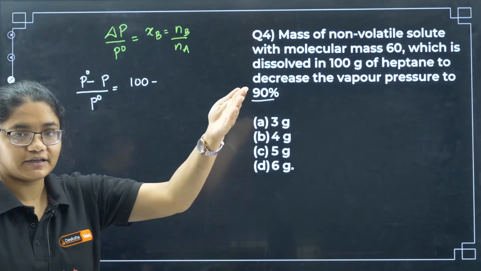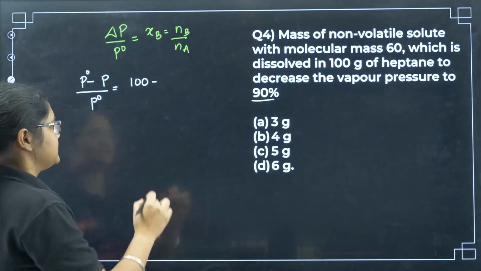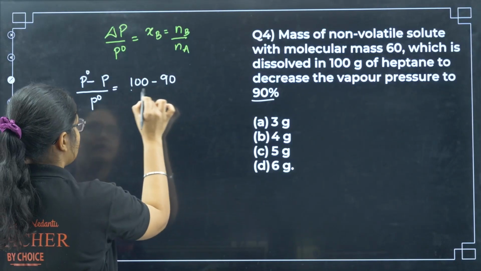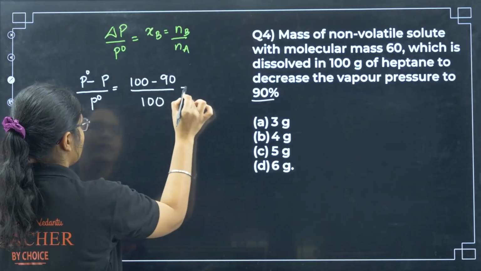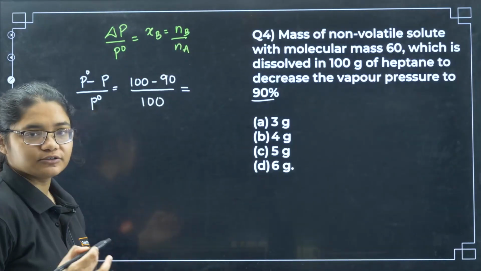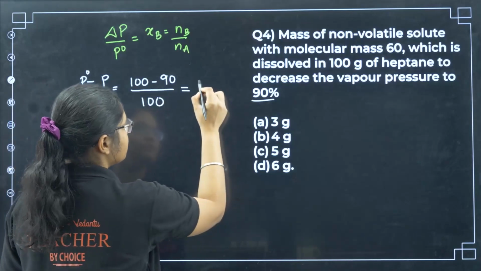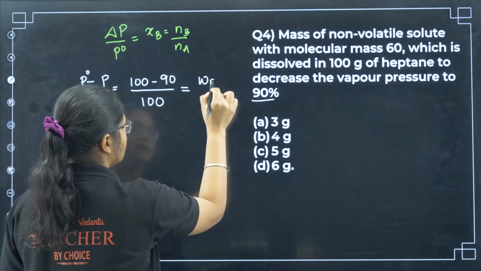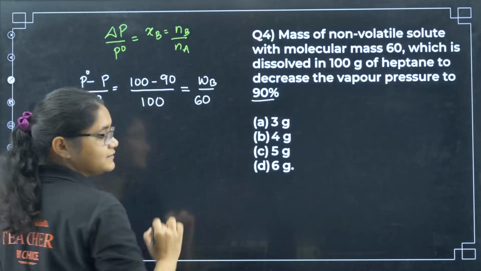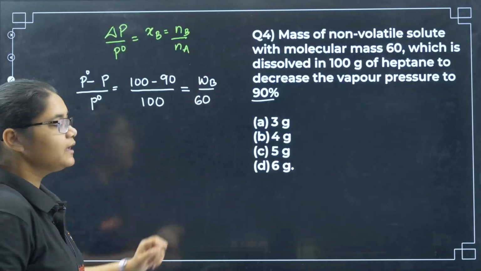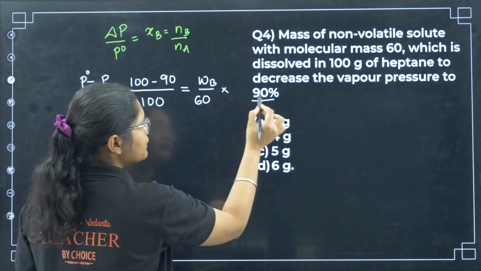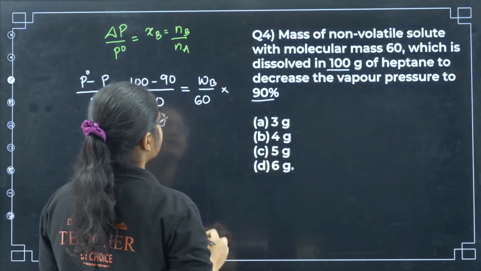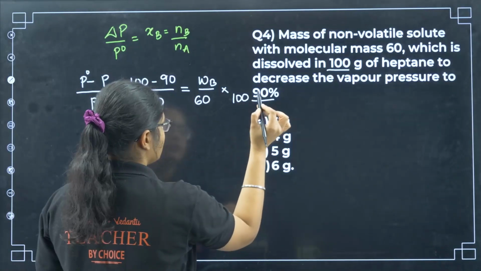Earlier it was 100%, so the P value will be 90 divided by 100. Then you have to calculate the number of moles of B, which is given mass of B divided by molar mass of B, that is WB by 60, into the molar mass here, it is 100.